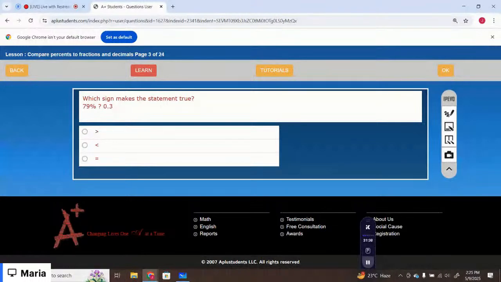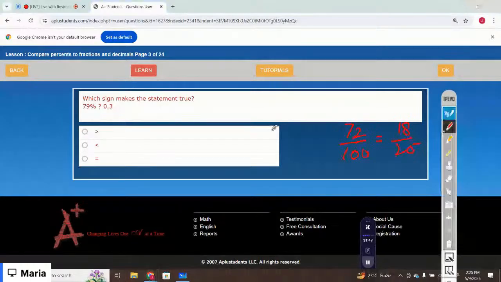Which sign makes the statement true? 79% and 0.3. So convert 0.3 into percentage form. 0.3 times 100 is 30%. So 79% and 30%.